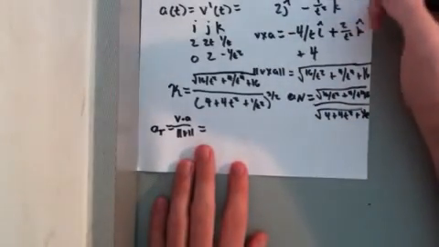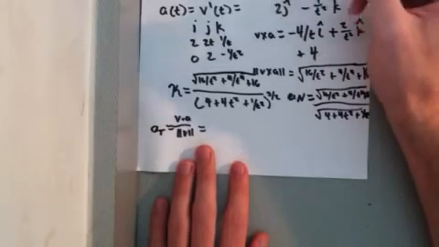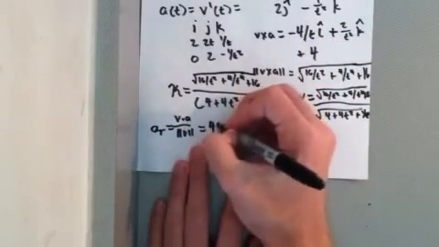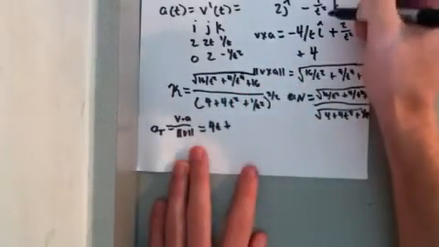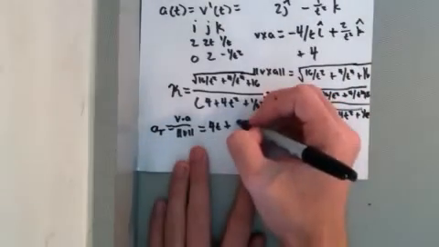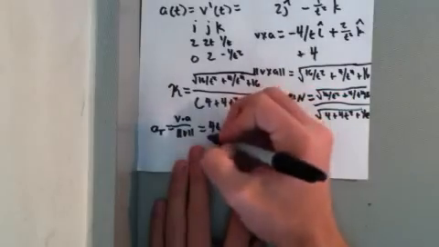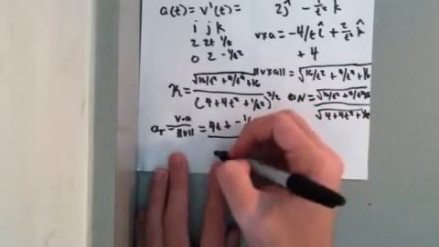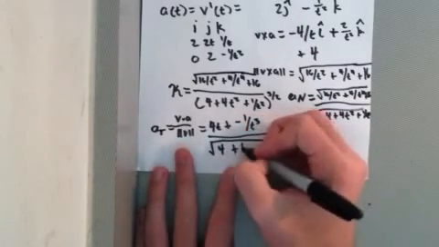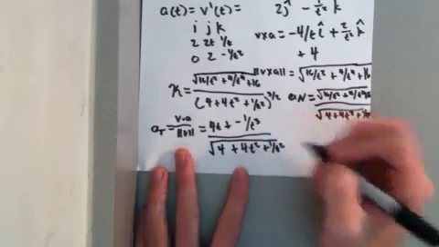So v dot a is going to be 2 times 0 is 0, plus 2t times 2, 4t, plus minus 1 over t cubed, and that's over this magnitude of v that we'll write down again for our final answer, 4 plus 4t squared plus 1 over t squared.